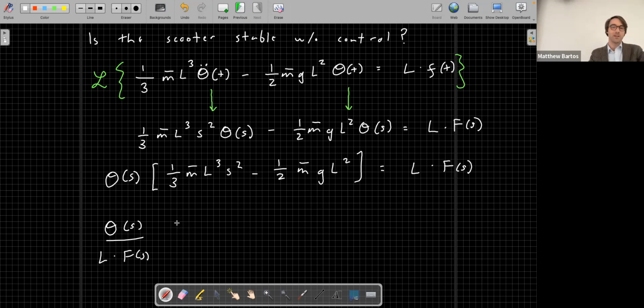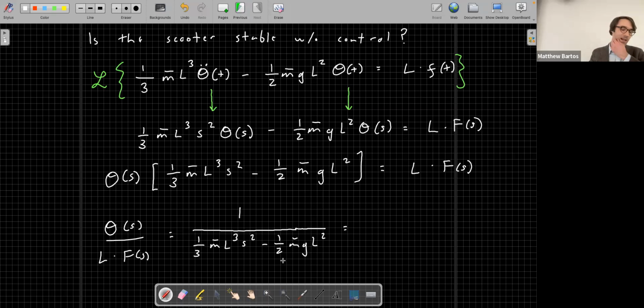This will give us the transfer function 1 over 1/3 m bar L cubed s squared minus 1/2 m bar g L squared. And I'm going to go ahead and make this monic so that the s squared term is monic.